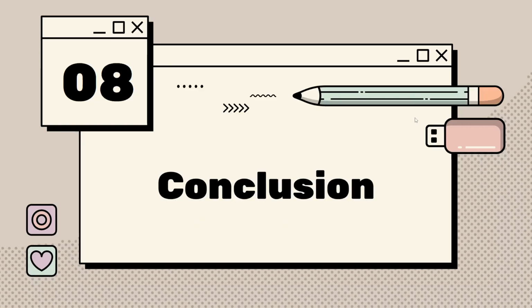So the last thing I'll be talking about is the conclusion. So in this video, we cover the basics of Svelte, including what it is, the key features, and the comparisons with other frameworks. I showed you how to create a Svelte app really quickly with SvelteKit with many cool options.